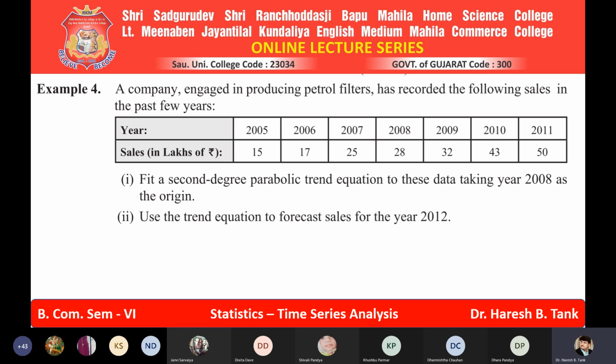The middle year is 2008, so things are fine with us. Fit a second degree parabola by taking 2008 as the origin. You have to forecast the sales for 2012. Come on, buckle up.